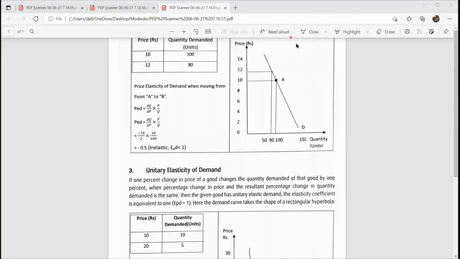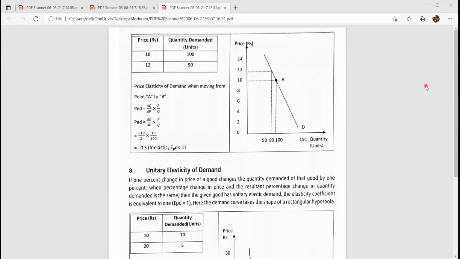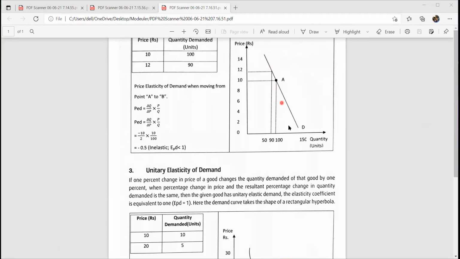It says here the demand curve is, earlier, of course, a vertical curve. Right now, it is somewhat slanted. We can say a steeper demand curve. The slope is very high. When the price changes, quantity demand does change, but less than the change in price.